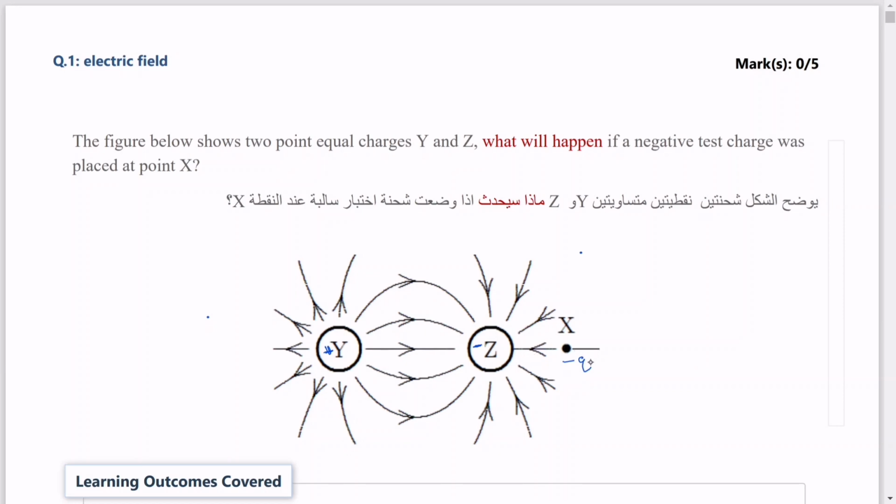So here if you keep a negative charge, this negative charge will experience a force from this charge Z, and a force from this charge Y. The force on the charge at X by Z will be a repulsive force along this direction.